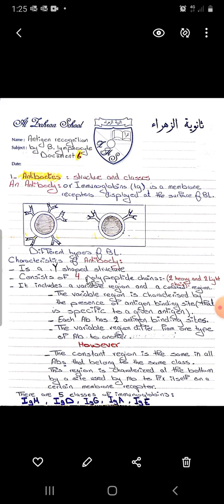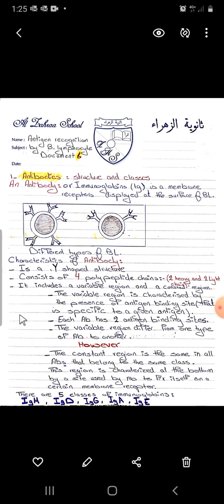It is a Y-shaped structure. It's shaped like a Y letter, and consists of 4 polypeptide chains. You will find the 2 heavy chains and 2 light chains, and it also includes a variable region and a constant region. What are the characteristics of the variable region?